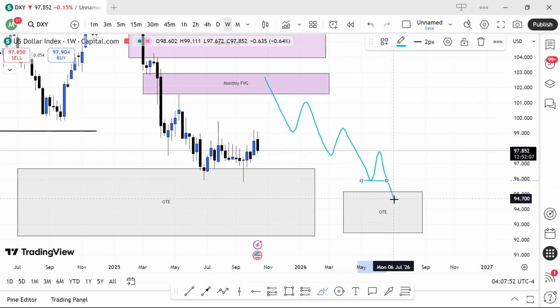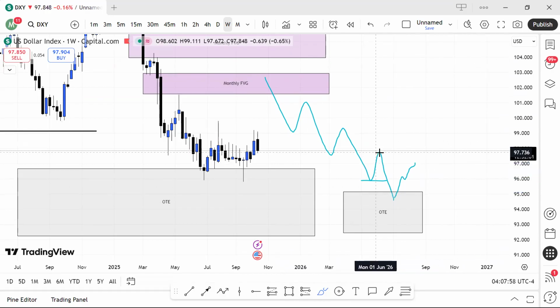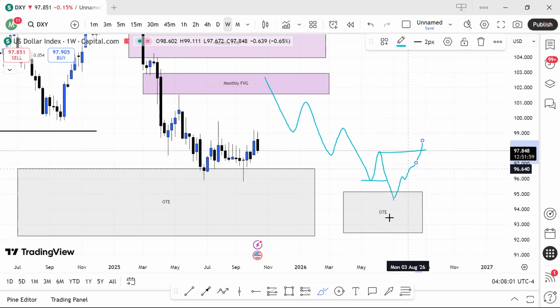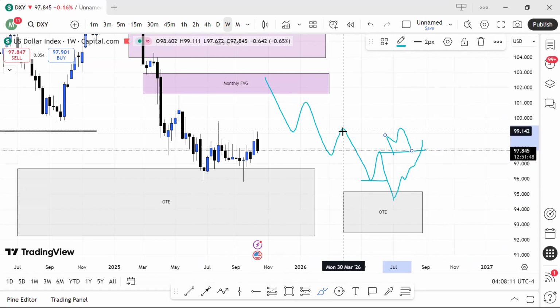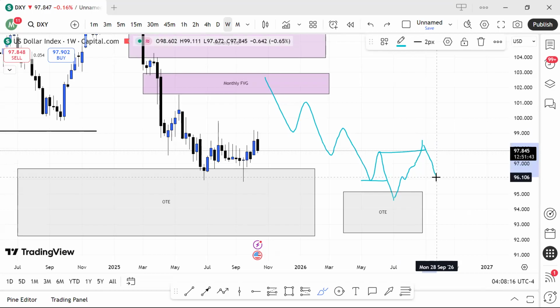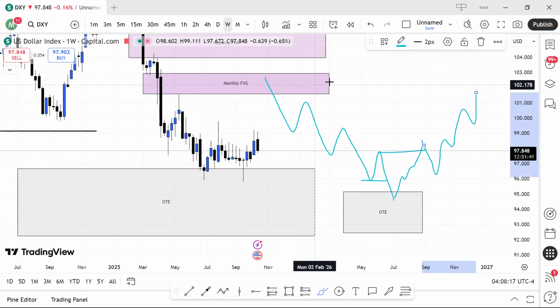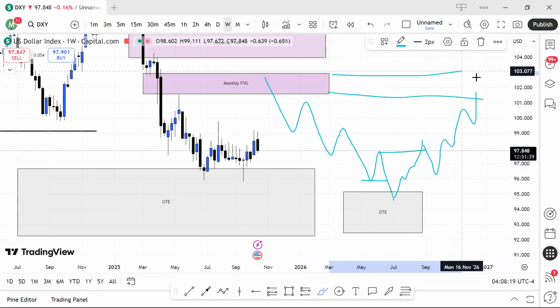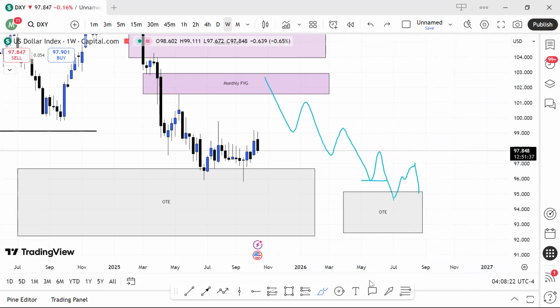Then I might see it continuing, not reversing from here, but continuing and taking out this previous high. If you take out this previous high, then I might see it as a market structure shift or a change of character, whatever you call it, then some kind of reversal, then continuation, targeting this fair value gap harvesting here, something like this.